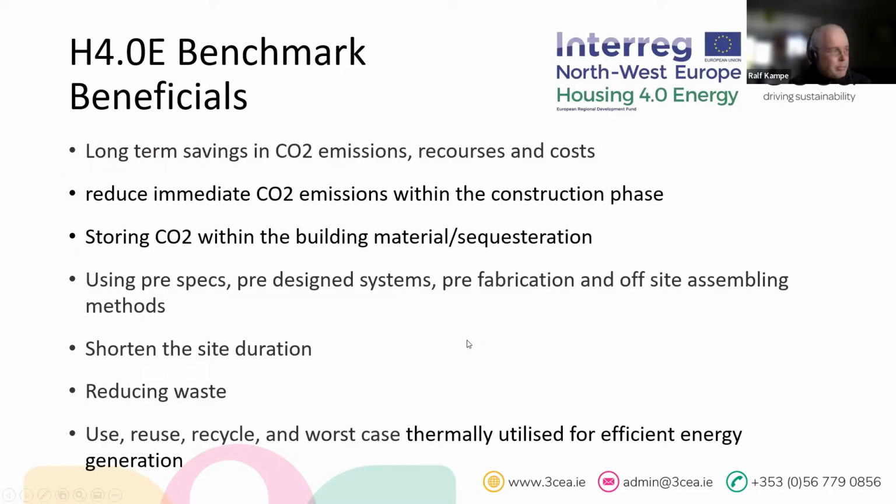And that's our benefits. We achieve long-term savings in CO2 emissions, and we save resources and costs. We reduce the CO2 emissions immediately by using low carbon materials and low carbon construction types. Also until practical completion we already reduce our CO2 emissions, and with the mass timber solution, we even store the CO2 in the material for the lifetime of the material.